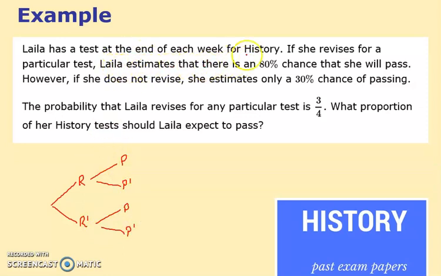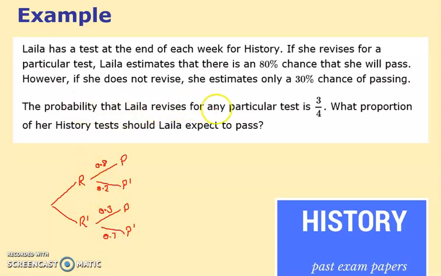She estimates if she revises, there's an 80% chance that she will pass. So is that 0.8 there? If she does not revise, there's a 30% chance of passing. I think that's 0.3. And of course, as soon as you get that 0.8, this one becomes 0.2. This one becomes 0.7.